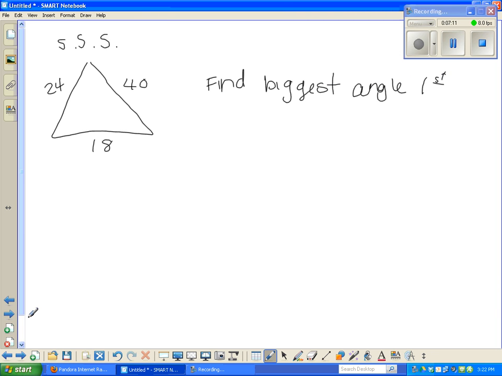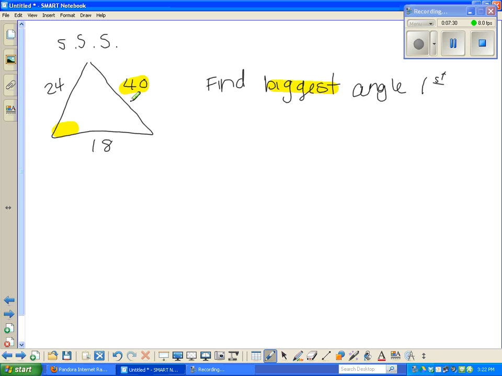The biggest angle is across from the longest side. So here, the longest side is 40, even though I didn't draw it that way. So the biggest angle is going to be this one. It doesn't really matter what my picture looks like. I just need to make sure I find the biggest angle first.